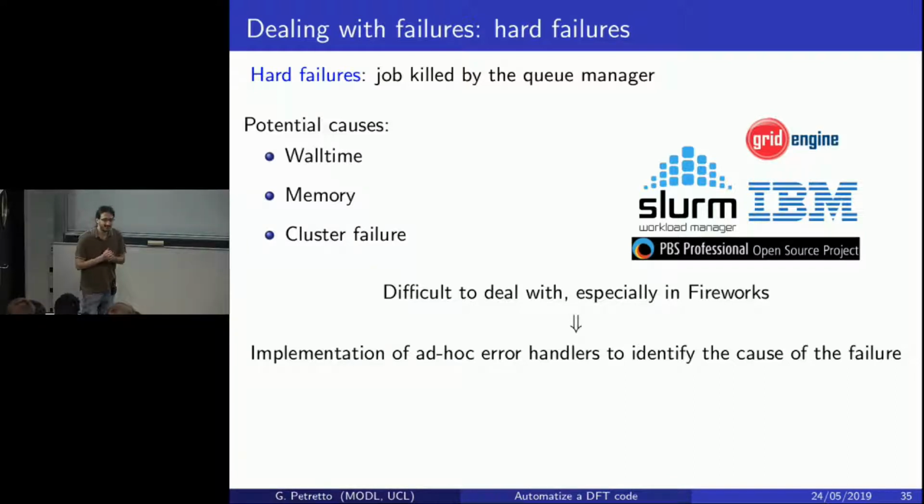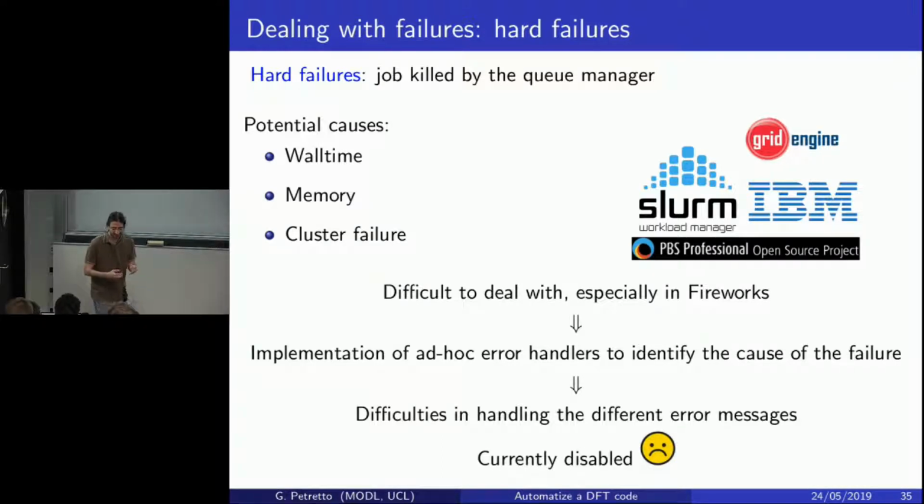We sort of tried that, and this is sort of a negative note in our development, because we have spent quite some time trying to write ad hoc error handlers that could target the different queue managing systems and trying to parse which error is given, if there is a memory error, wall time error. But we implemented it on a couple of clusters, and then we moved to another, and it had different error messages.